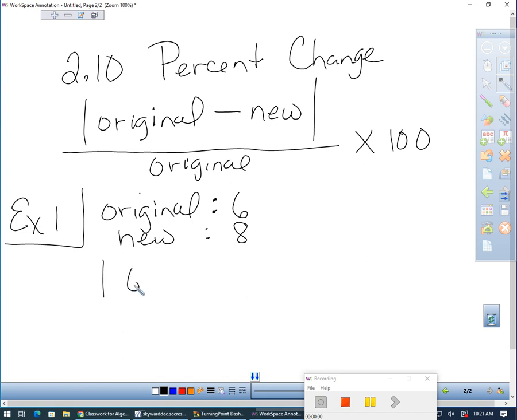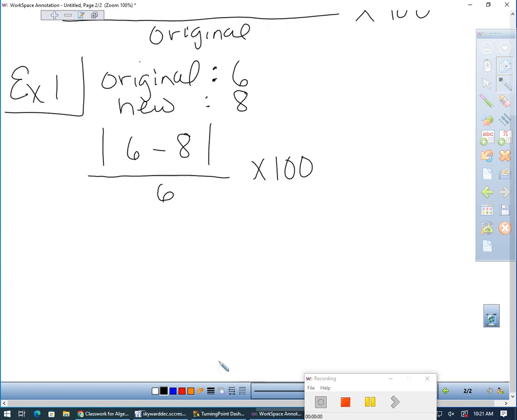The original 6 minus 8 inside the absolute value, divided by the original, we're going to times by 100. So 6 minus 8 is negative 2. The absolute value of negative 2 is 2. 2 divided by 6 is 0.333 times 100 equals 33.3%.